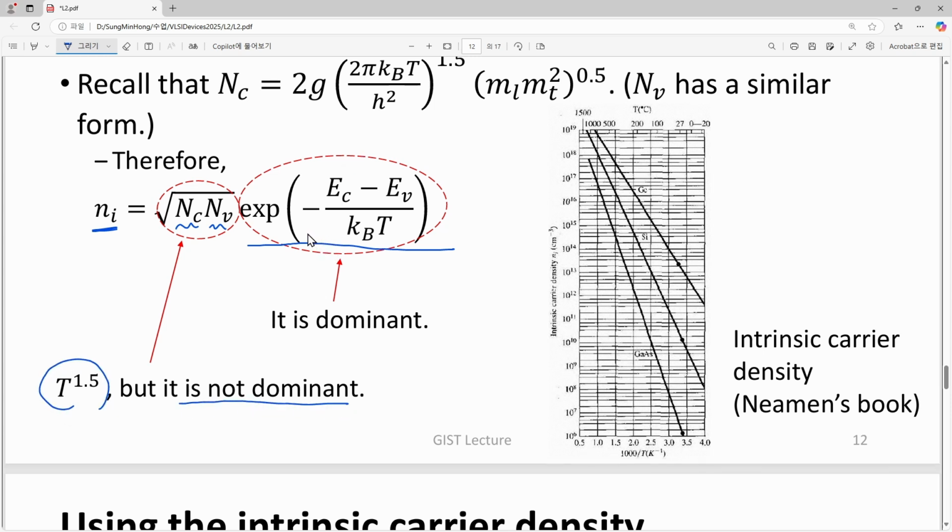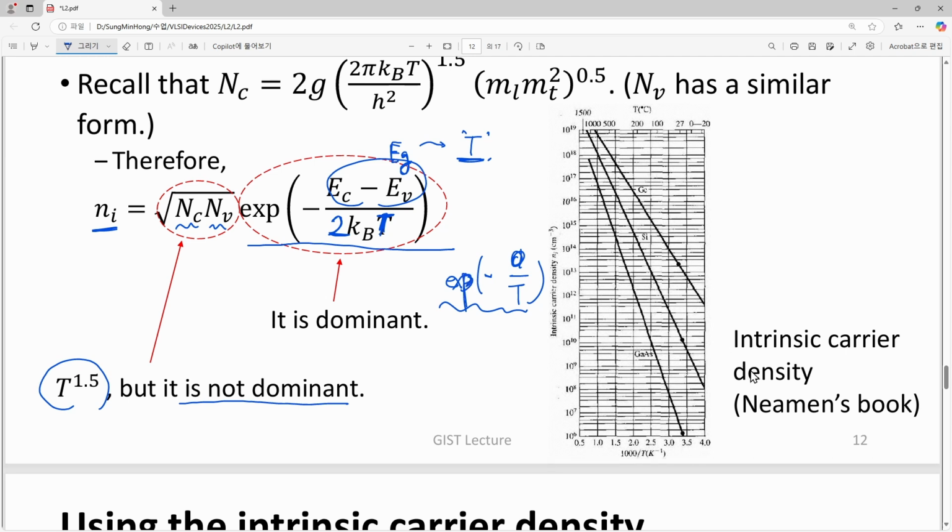But when you look at this one, we have the bandgap energy divided by the thermal energy, and the bandgap energy is almost independent of temperature. Still, we have the exponential minus term, so we have quite a severe temperature dependence.